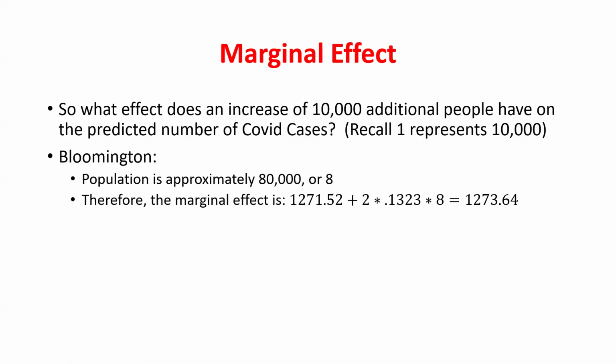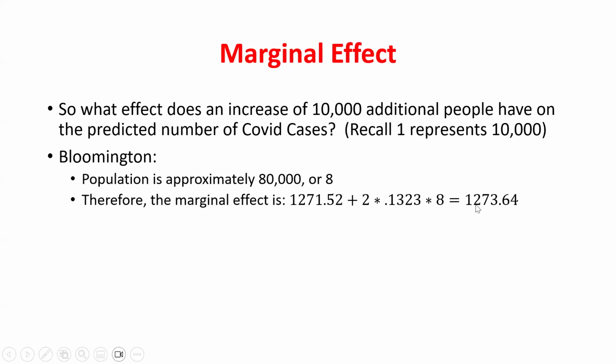For us, this is Bloomington at 80,000 people. That would be represented by a population value of 8, representing 10,000 for each unit. So if we have 10,000 additional people in Bloomington, the number of COVID cases went up by about 1,200.